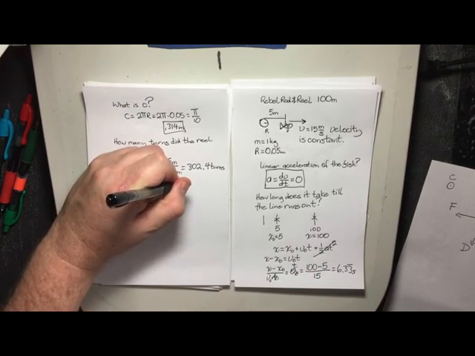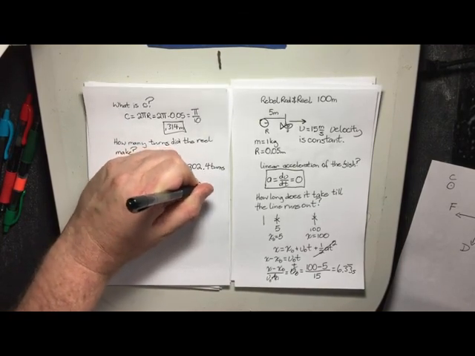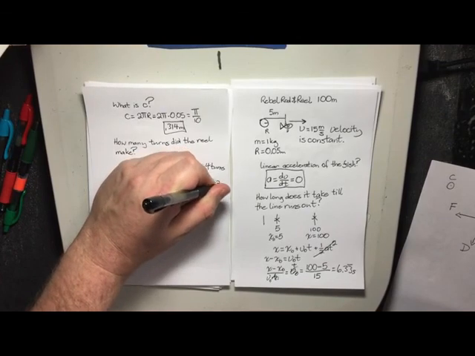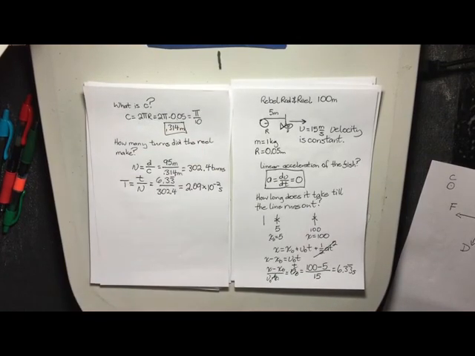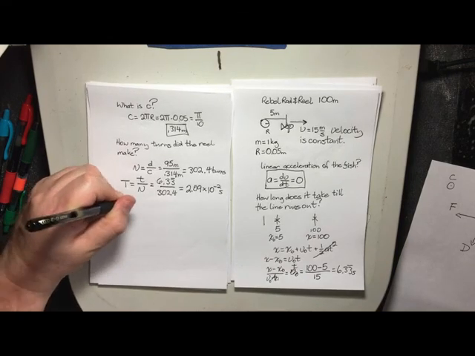a period of 2.09 times 10 to the negative 2 seconds. Or 20 milliseconds, or 21 milliseconds really. And if you have period, you can get the frequency.